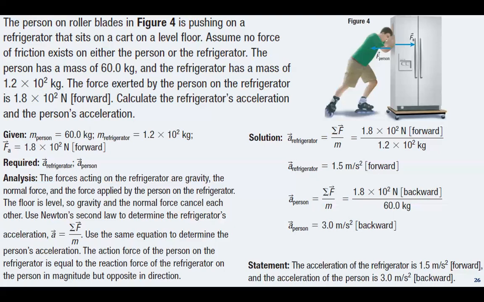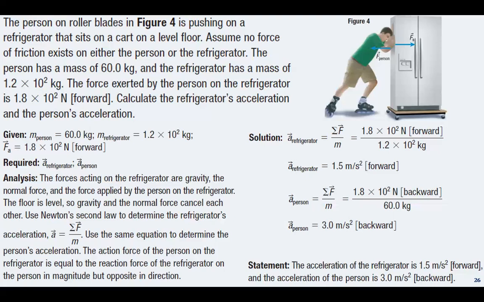Then using the same method, we can find the acceleration of the person is 3.0 meters per square second with direction backward. Or if you specify the positive direction is forward, you can also say that the person's acceleration is -3 meters per square second.